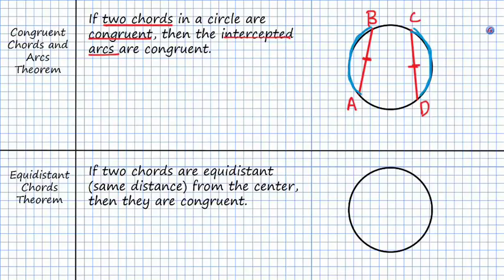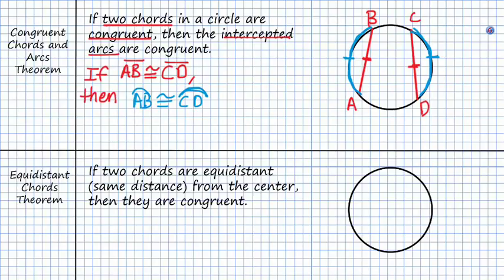So those are the arcs that we're talking about, and those will actually be congruent to each other as well. So we say if chord AB is congruent to chord CD, then the arc AB is congruent to the arc CD.